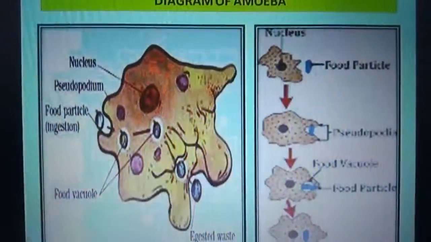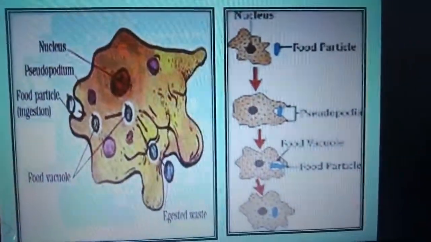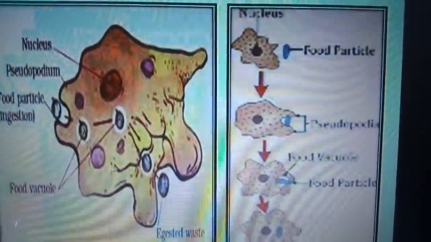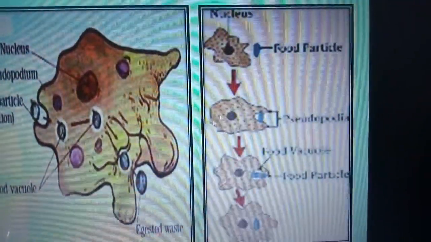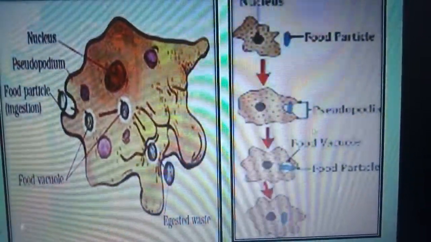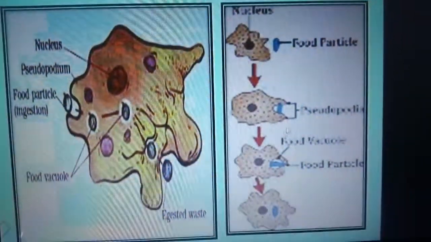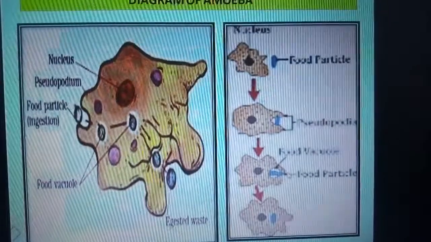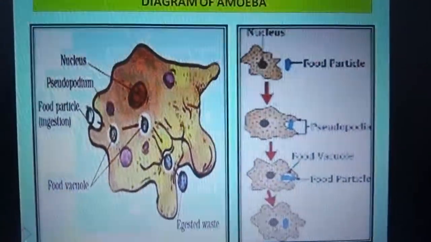So now you can see how the food is absorbed. You can see here the nucleus, and the food particle when it comes near; the pseudopodia surround the food particle, and then you can see the food vacuole is trapped inside.